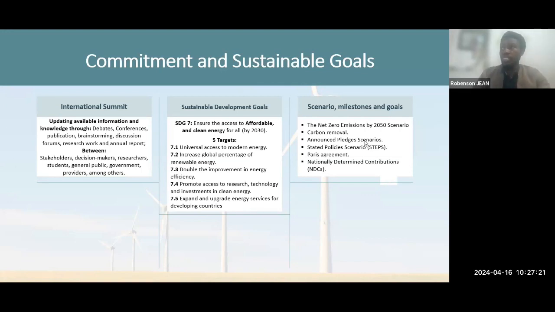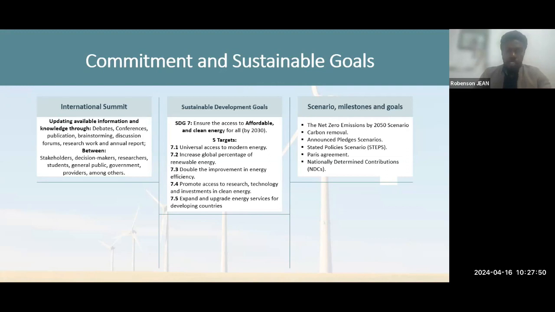The gap between this scenario and the net zero emission scenario is called the ambition gap. So it is the difference between what the governments have set and what we have as a goal in the net zero emissions scenario.